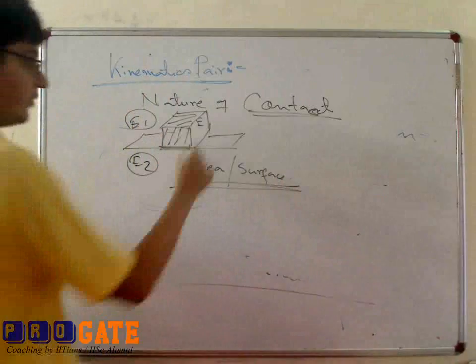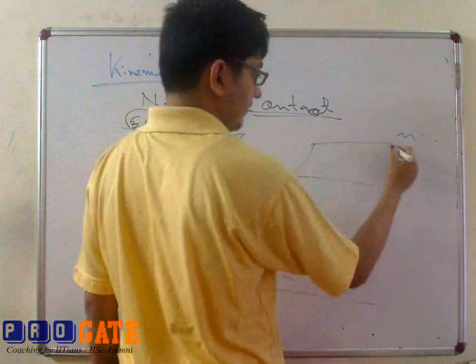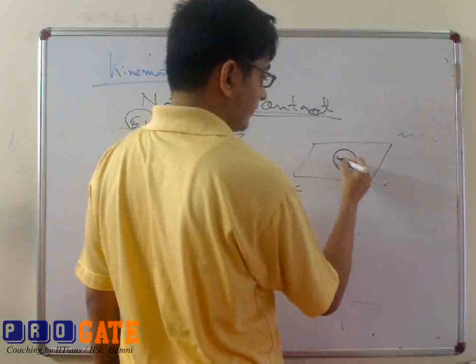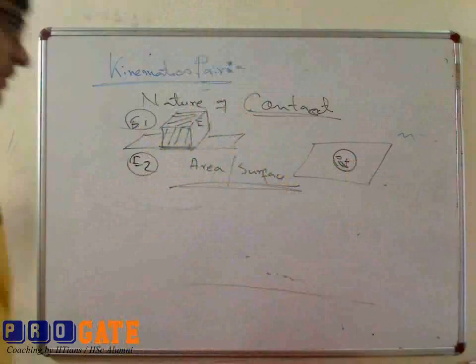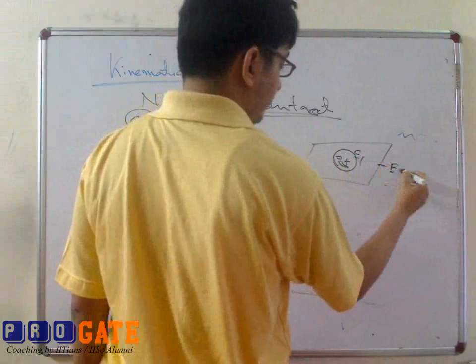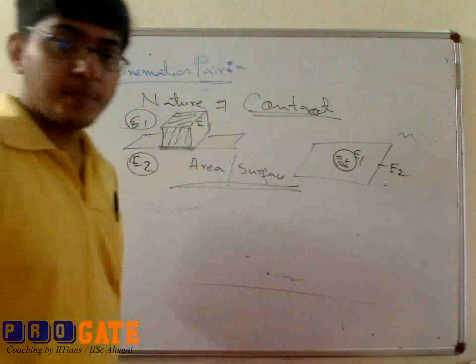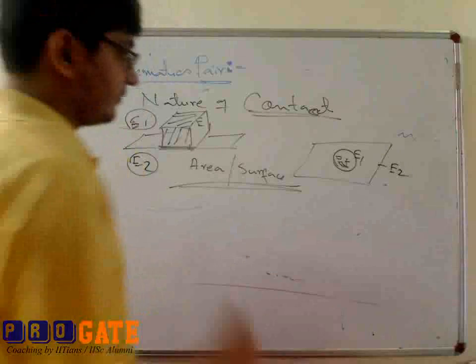So this is the nature of contact. Or say in another case, there is one plane and one circular sphere. In between, this is your element 1, this is your element 2, and the nature of contact is the point contact.